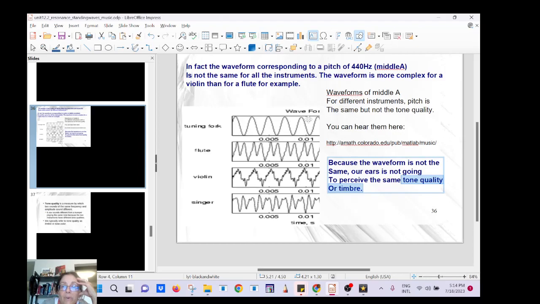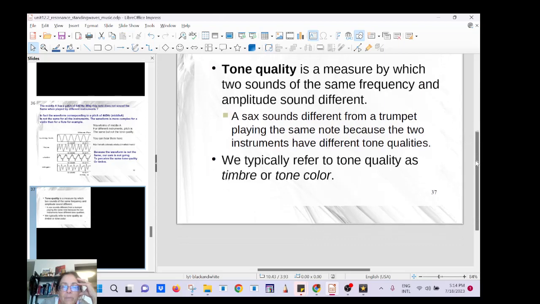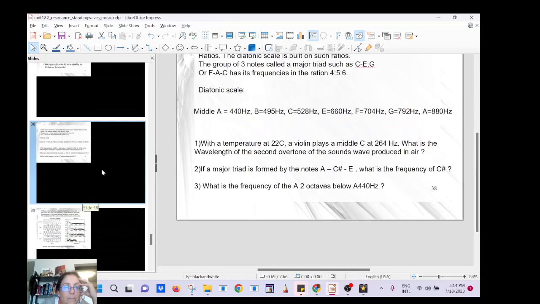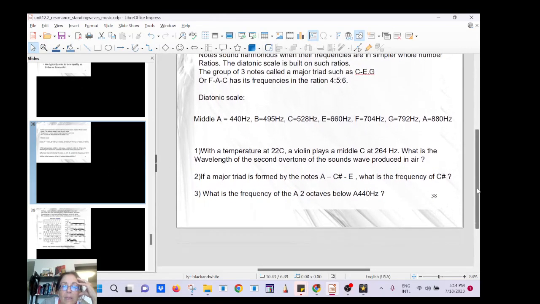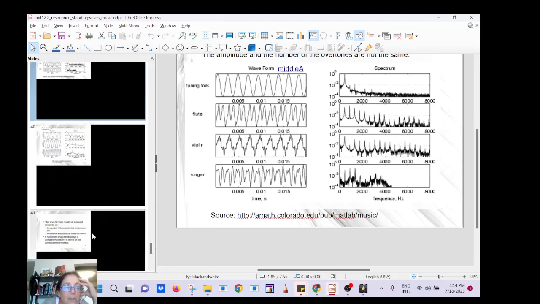The waveform, of course, is more complex for a violin because it's going to have more and more overtones, so it makes the tone richer. Okay, that's about music. You can skip that.